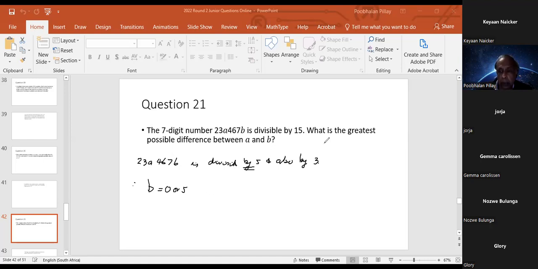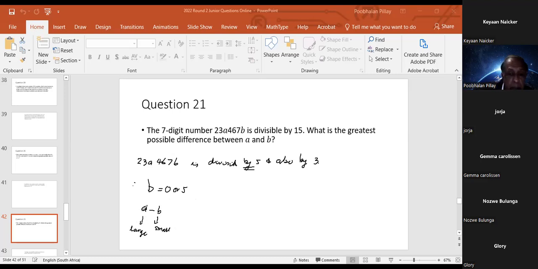Now again, look at the question. What is the greatest possible difference between A and B? In other words, when I subtract these two numbers, I want that to be as large as possible. So when I subtract A minus B, I want that to be as large as possible. To do that, it means that B must be as small as possible and A must be large.